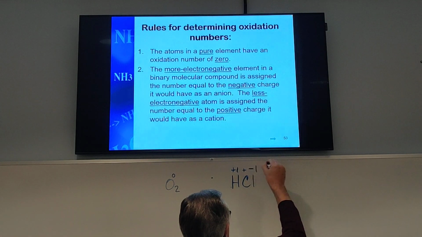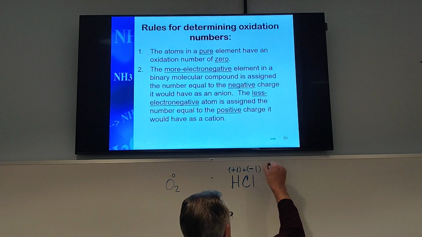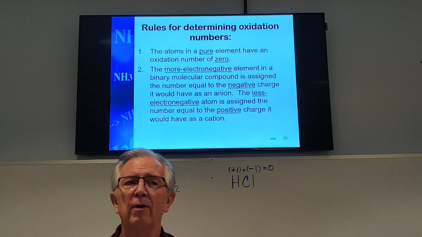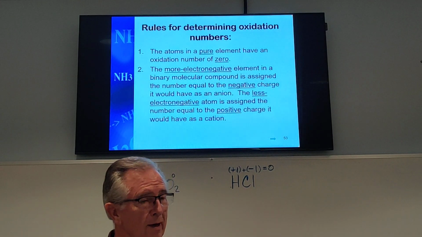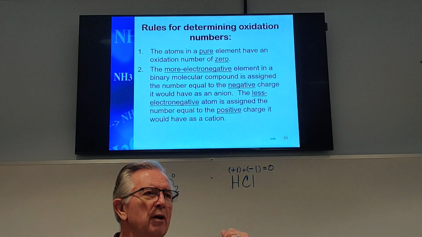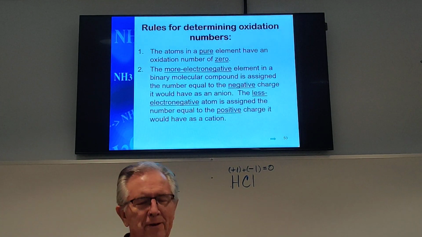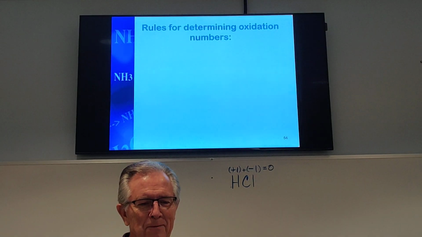When I add those together, this positive 1 and that negative 1 add up to 0. So that's how we know that hydrogen is going to be +1 and chlorine is going to be -1. Now, I had you kind of guess what number to put in there. We're going to have to have some rules so you don't have to just be guessing.